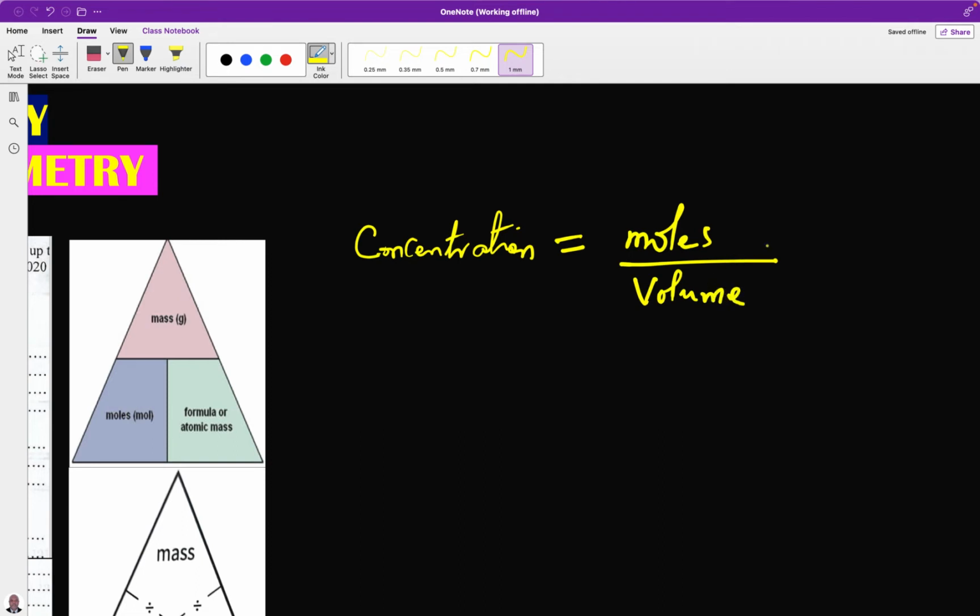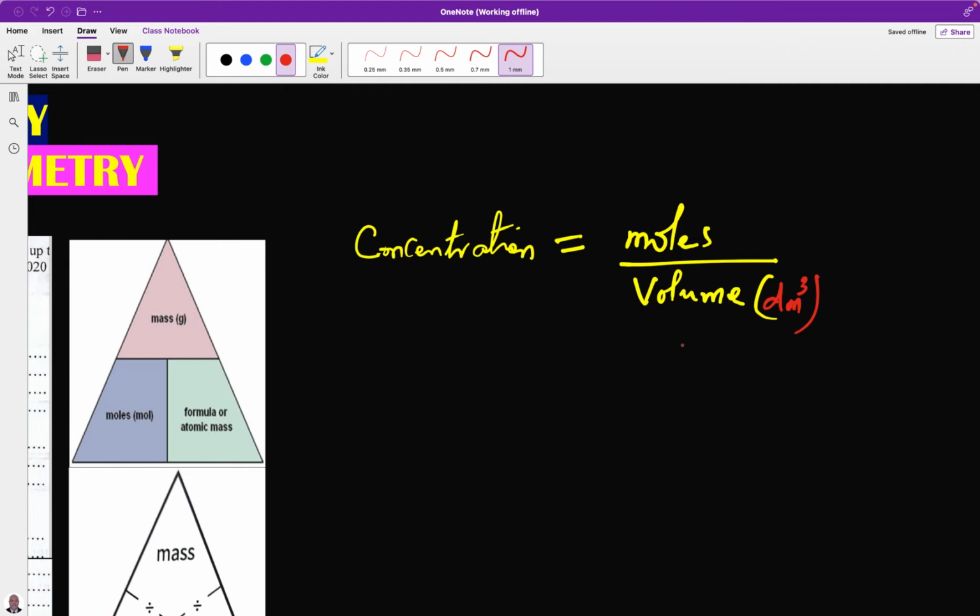And the volume should be what? In dm cube. Volume in dm cube. That is, you have to convert the volume. If you want this expression to work, you have to convert the volume to dm cube. And 1 dm cube is equivalent to 1000 cm cube. So you have to divide the volume by 1000.